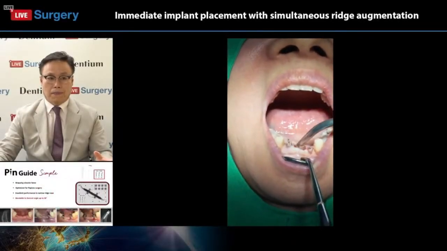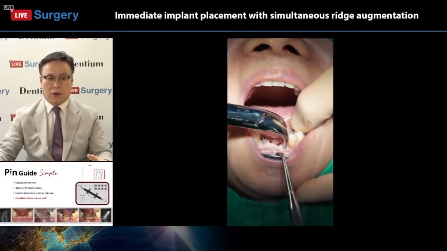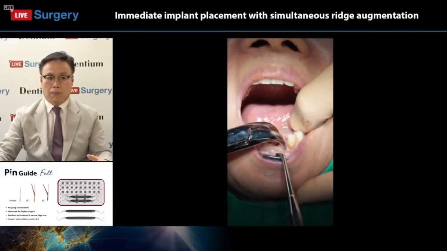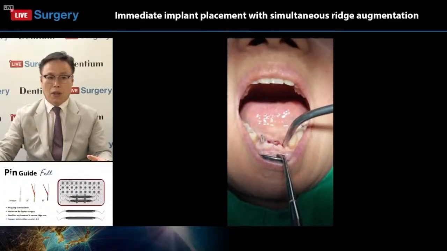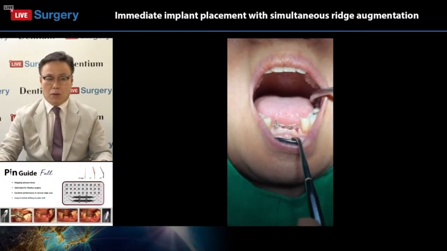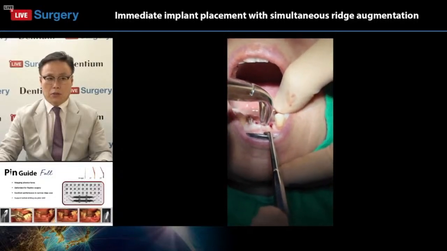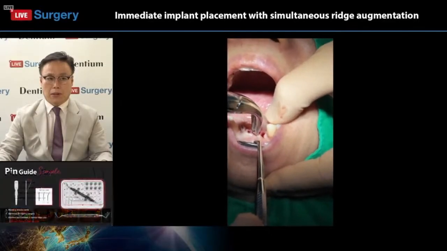If there is a huge defect on the buccal side, it could be very difficult to apply simple implant placement without any bone graft material. Therefore, one of the most important things is to minimize the trauma during the extraction. So sometimes we can apply the forceps and the elevator.